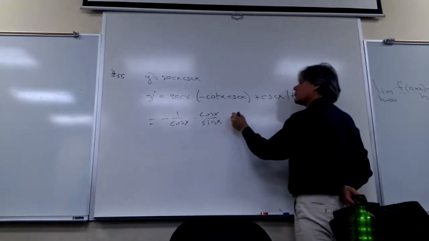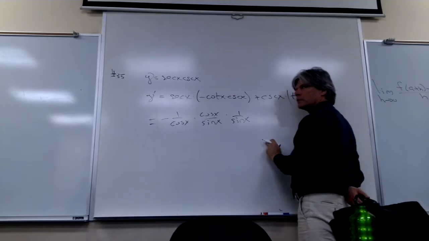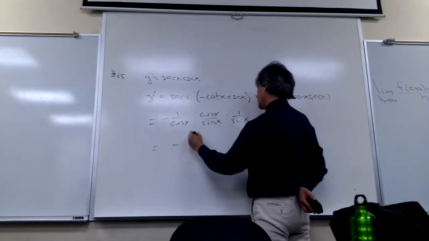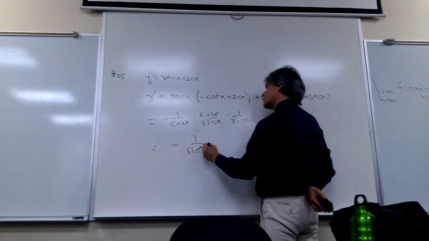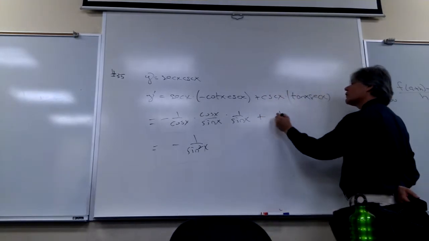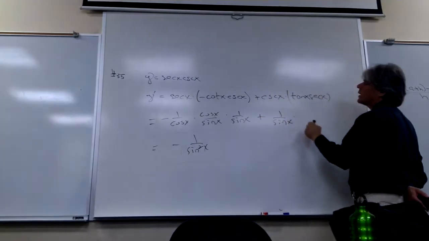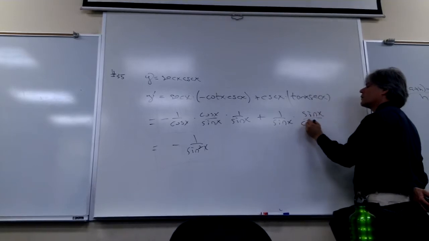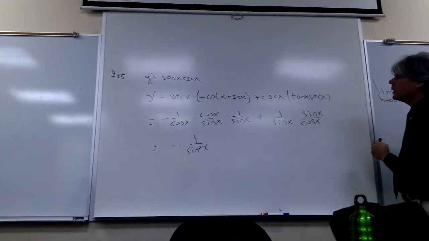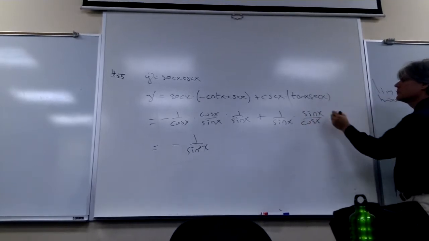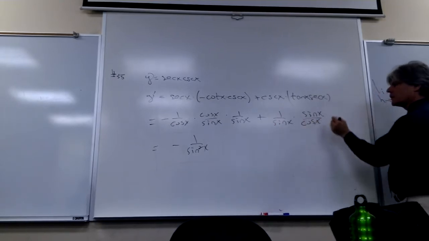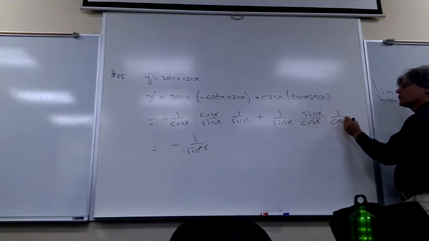And the cosecant can be interpreted this way, but that's merely a negative 1 over sine squared of x, plus over here, 1 over sine of x times sine of x over cosine of x, times 1 over cosine of x. Does that help?